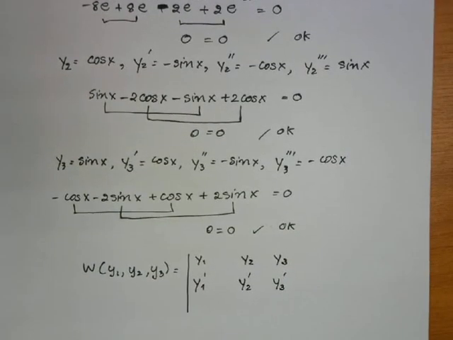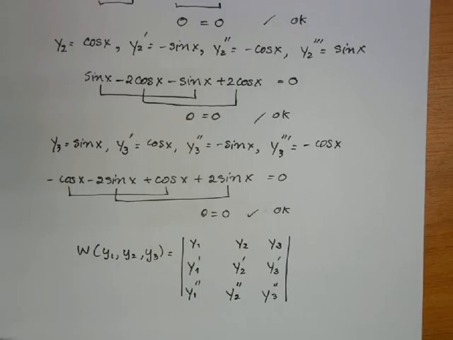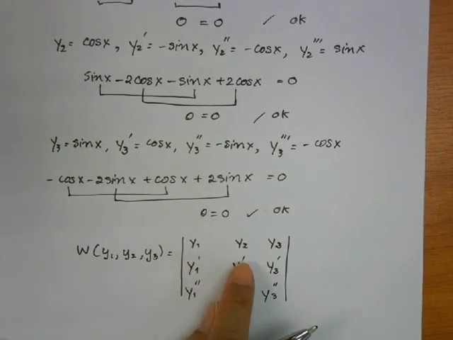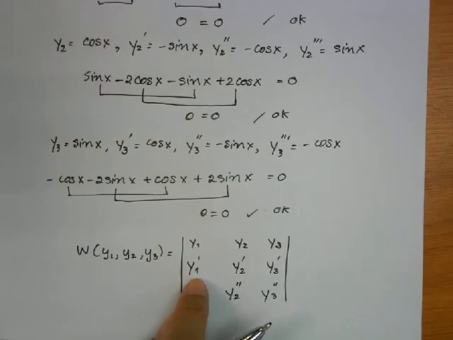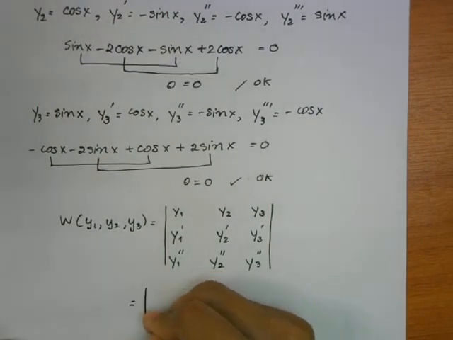And the third row is the second derivative of y1, the second derivative of y2, and the second derivative of y3. That is your determinant. So you know y1, y2, y3, you know the first derivative, and you know the second derivative of y1, y2, y3. You know those functions, so you just put them in there.